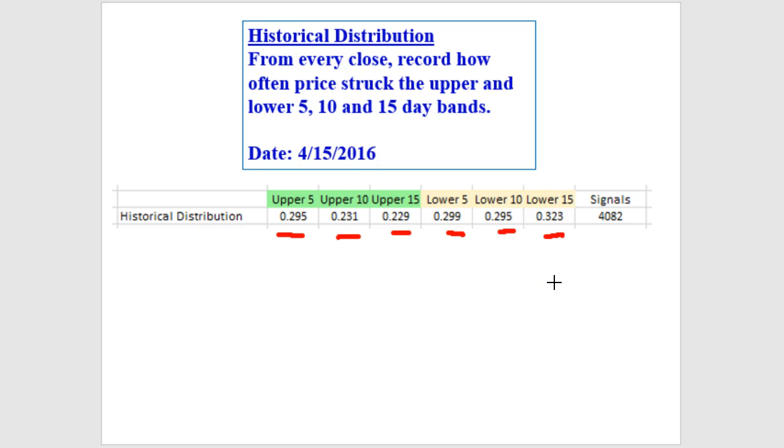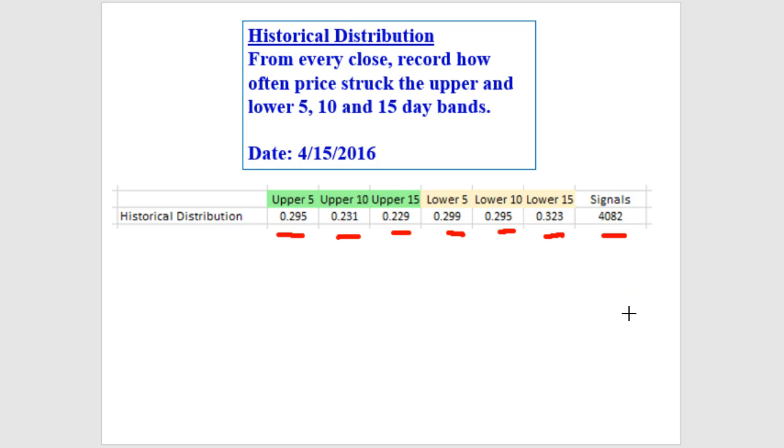So generally, you're looking at price striking these bands 23 to 30% of the time, but you can see the specific percentages here over the course of 4,082 signals.